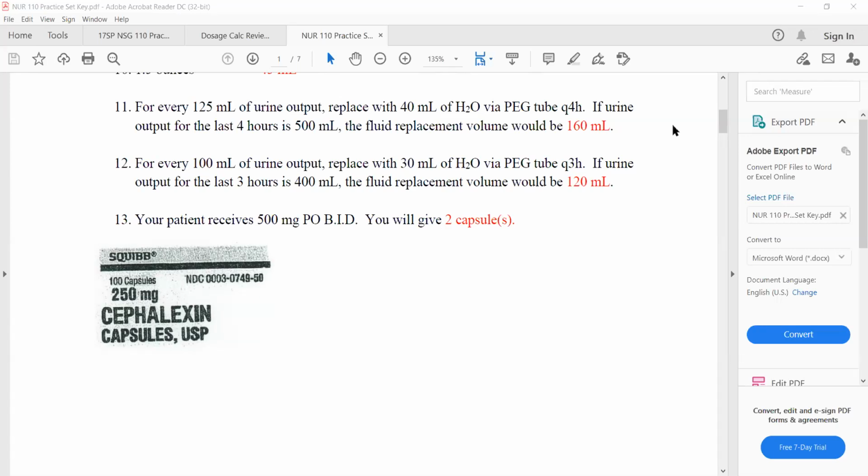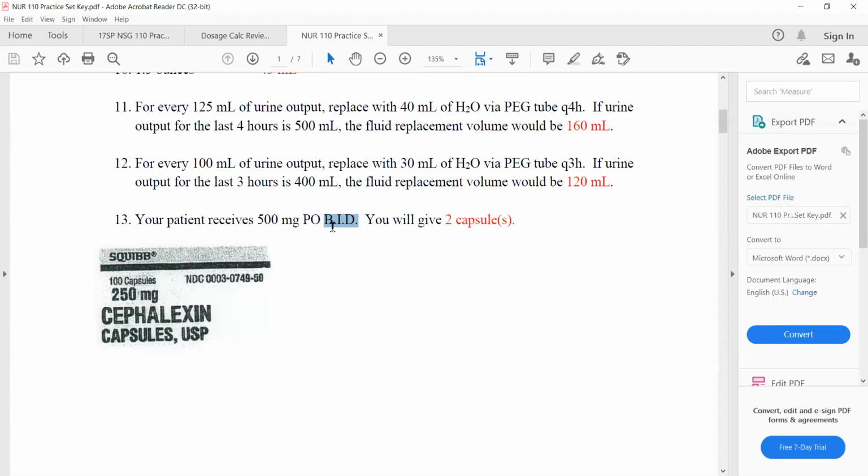What does BID mean again? Okay, good. So the abbreviation BID basically stands for twice a day. There are some common abbreviations that might be in your review packet. There's a whole list of common abbreviations. If you do a Google search for common medical abbreviations or pharmacy abbreviations, that'd be helpful to look over.